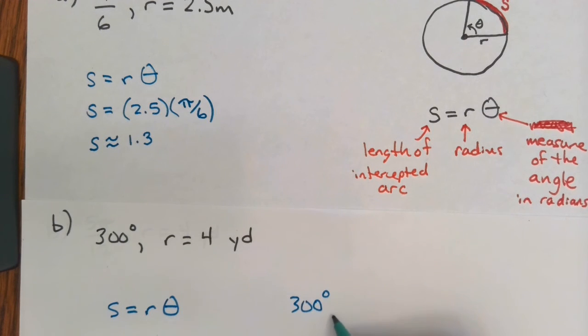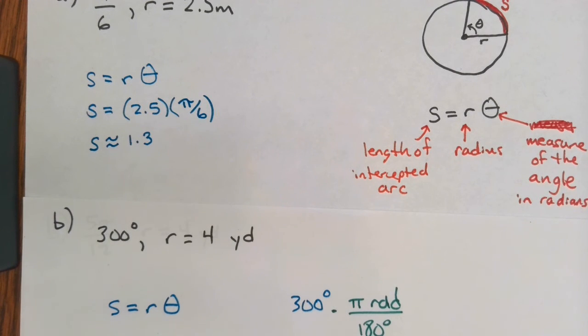How we do that is we multiply by pi radians over 180 degrees. The degree symbols here, those would cancel.